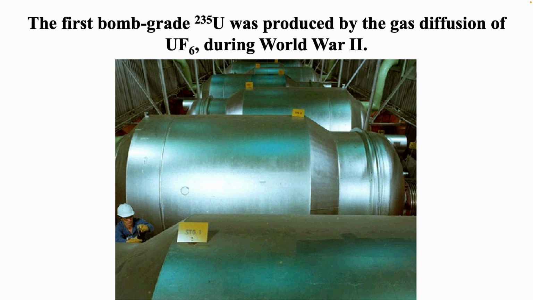And so you have to separate the uranium-235 from the other isotopes of uranium. And because they weigh differently, what you do is you form uranium hexafluoride into a gas, and then you separate out the different gas particles based on how fast they diffuse. And that's how the first bomb-grade uranium was actually produced.